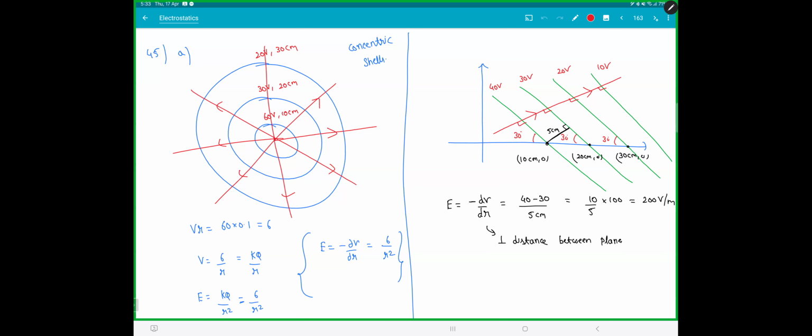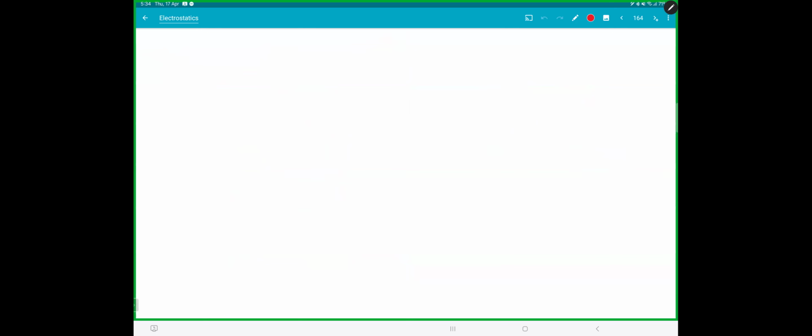So last thing that we did was equipotential surfaces. The next thing is dipole. So what is this dipole? Chila, let's keep your cams on. So dipoles are simply equal and opposite charges with a small distance between them.